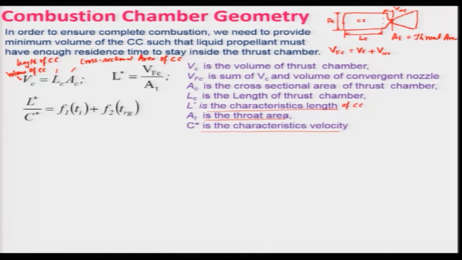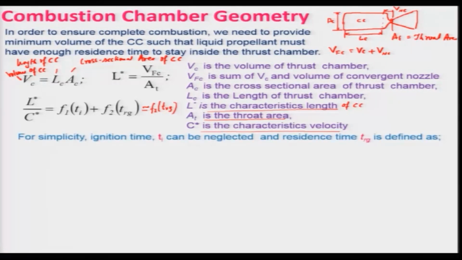So L star by C star is a function of Ti plus a function of TRG. It is not easy to evaluate, and Ti is generally smaller compared to TRG. Therefore, we can approximately say that it is a function of TRG only, for simplicity.